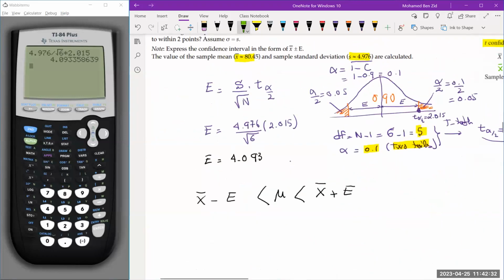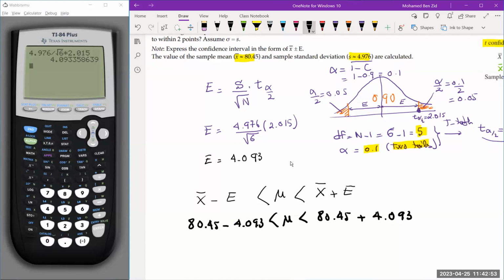Now, the mean will be X bar, we know it is 80.45. The error, we know it is 4.093. And here's the same thing, 80.45 minus 4.093.